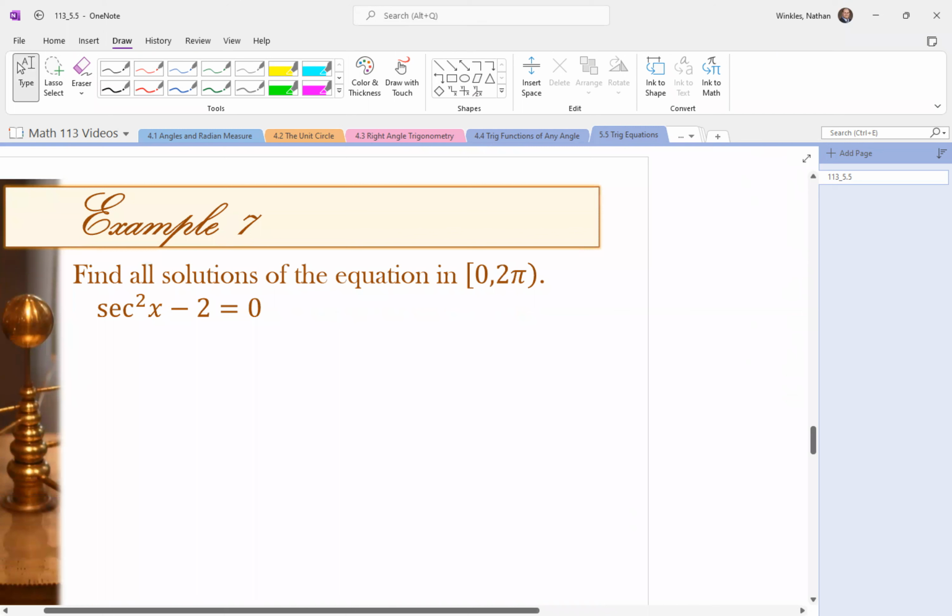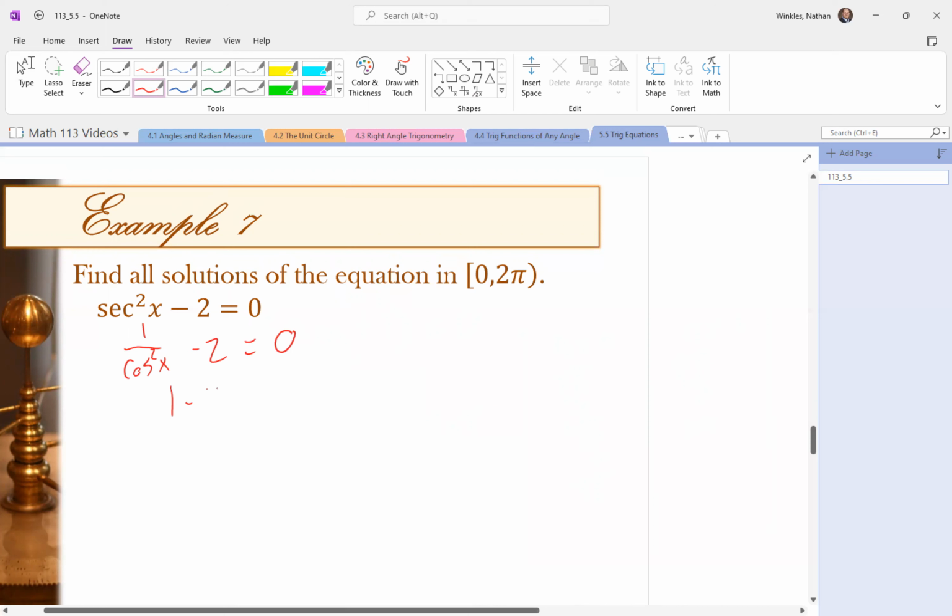We can do the same thing with values that are secants instead of sines and cosines. It doesn't really matter. So, easiest way that I have found to work this is, why not break this apart? Let's make this back into cosine. So how about we make this 1 over cosine squared x minus 2 equals 0.